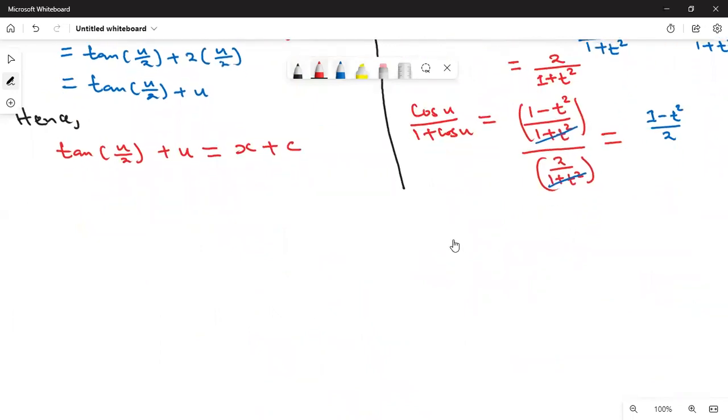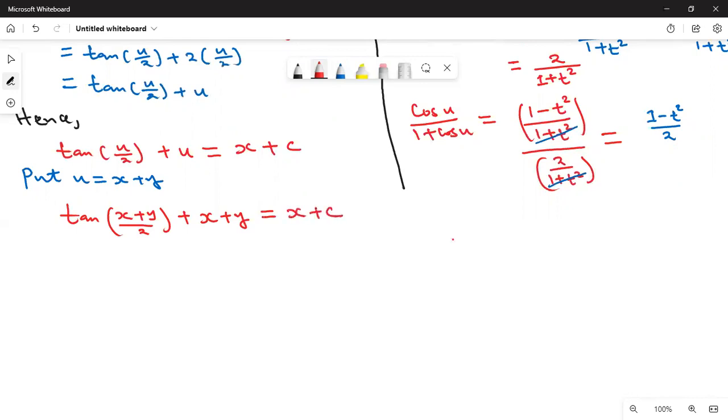So we substitute u equals x plus y to get tan of x plus y over 2 plus x plus y equals x plus a constant c.